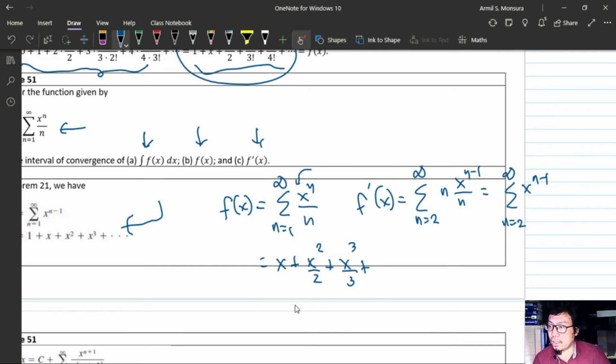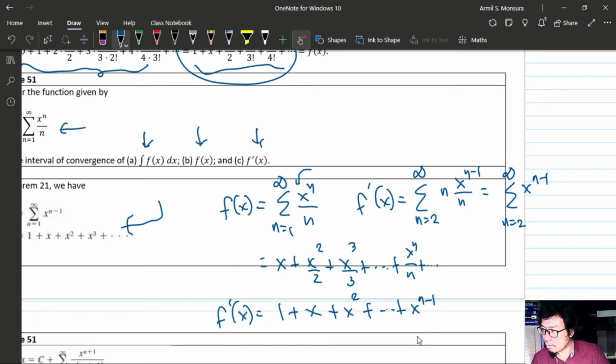Term by term differentiation of this series becomes 1 plus x plus 3x squared, and so on. So this is simply x raised to n minus 1.